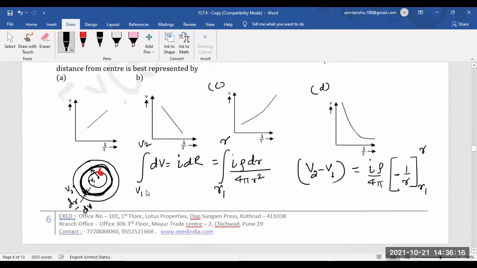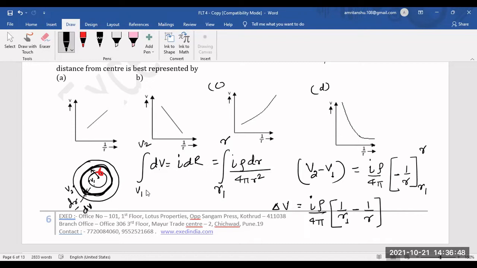When I solve this, what do I get? Let's say this is delta V, which is a constant again, I rho by 4 pi into 1 by R1 minus 1 by R. Now here we need to calculate drift velocity.